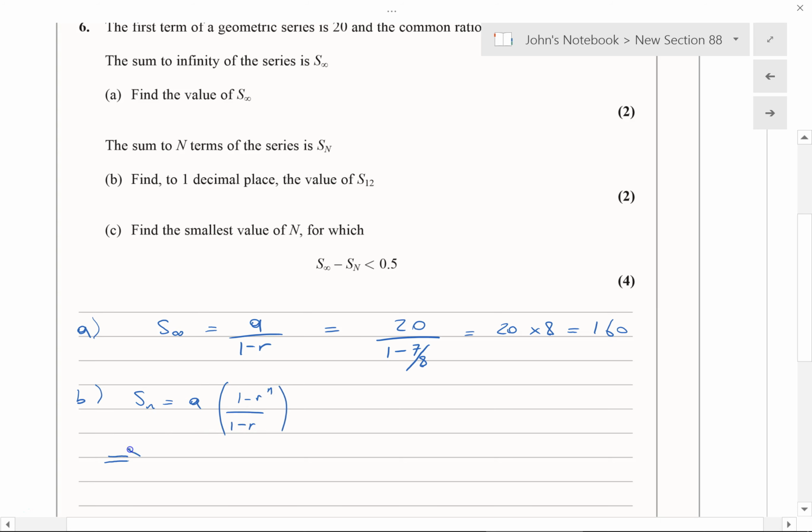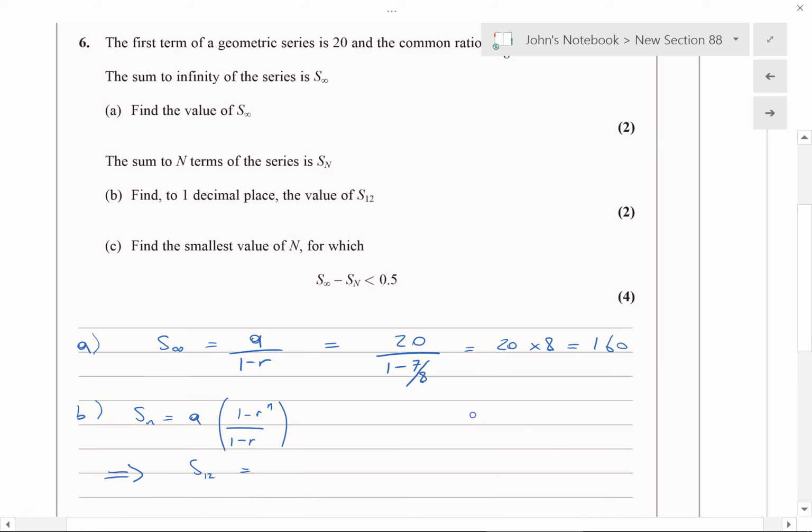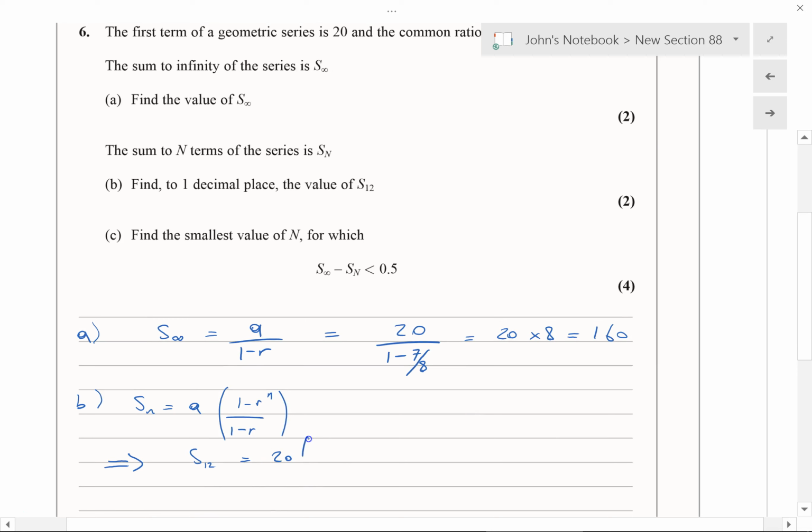So this means that S12 is equal to 20 times 1 minus 7 over 8 to the power of 12, over 1 minus 7 over 8.